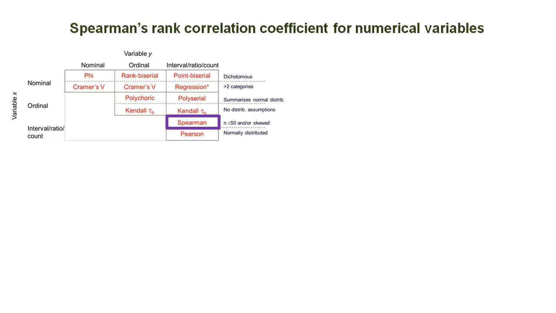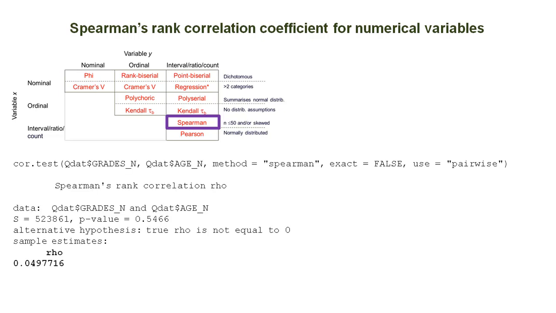Spearman's rank correlation coefficient, ρ, is for numerical variables. At the same time, this uses ranks instead of actual values, and should be used for small samples or skewed data. The command cor.test is used.